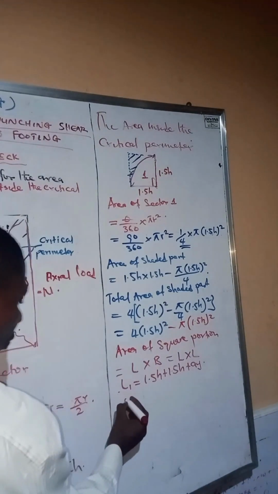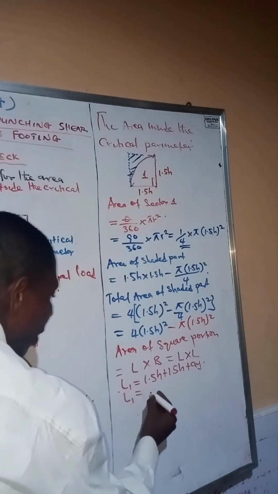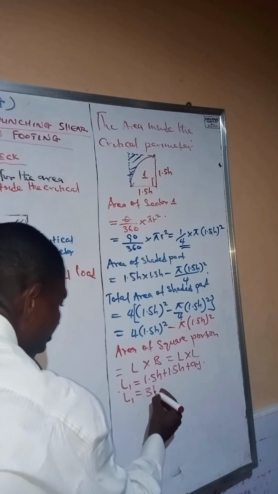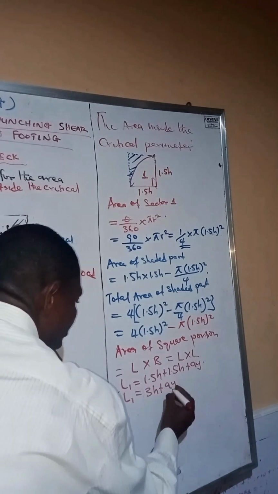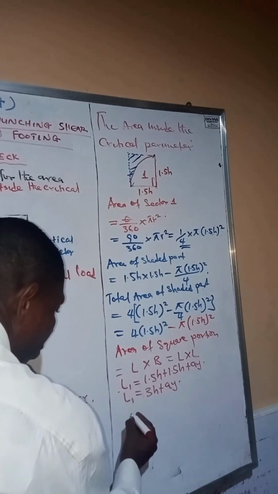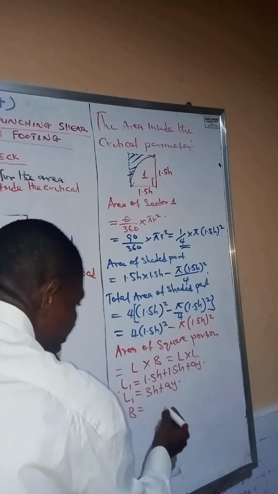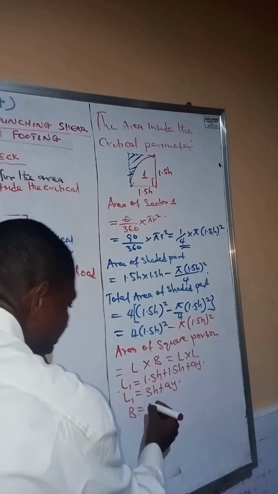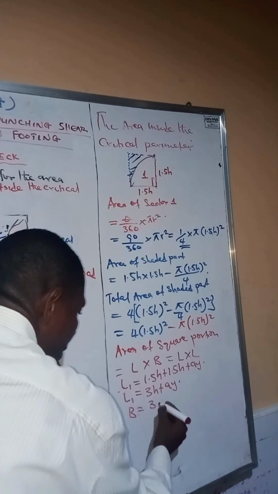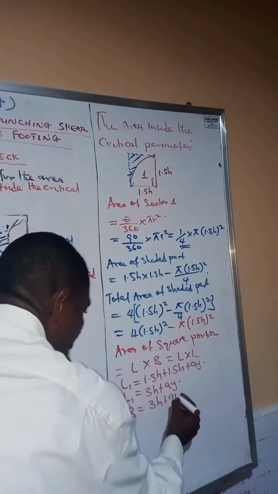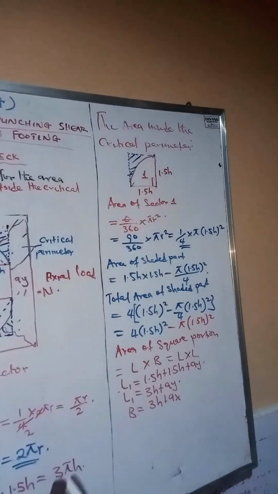So if we work this out, we'll have L1 to become 3h plus AY. Similarly, we'll have B to become the same thing. This time we're going to have AS becomes 3h plus AX. That is for the horizontal direction.